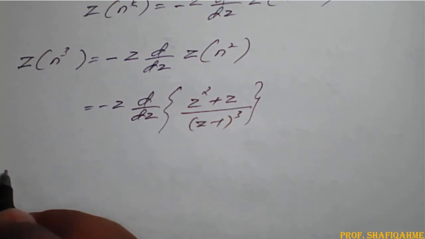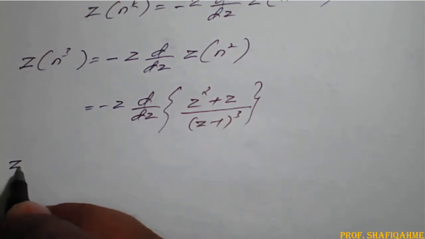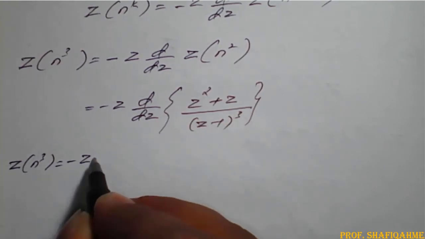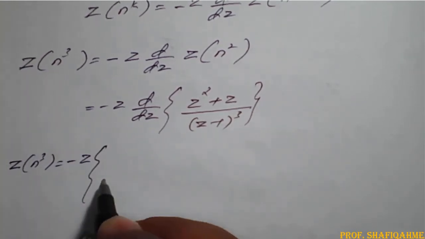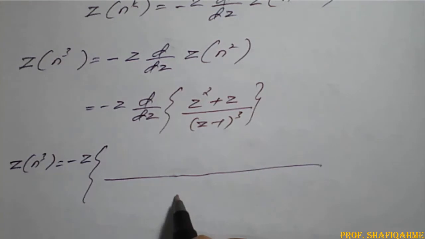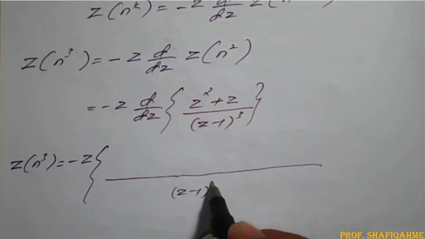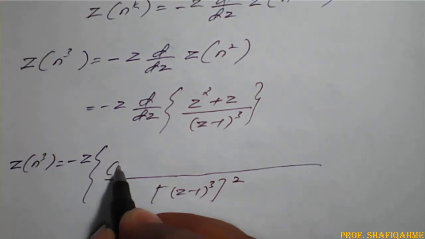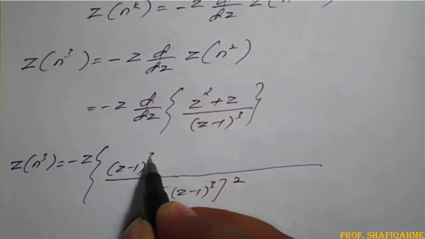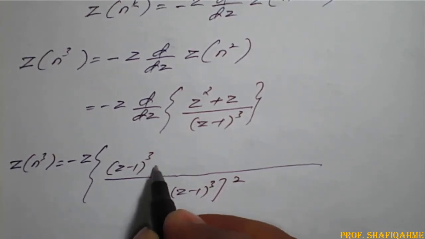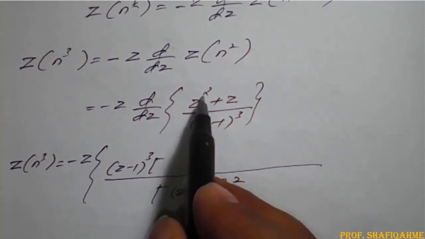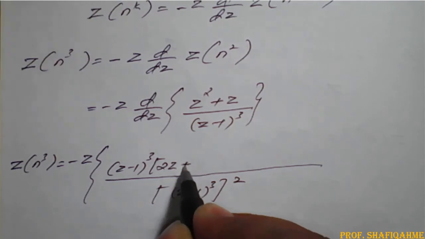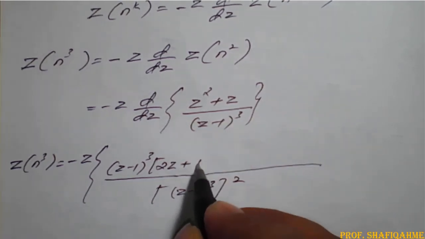Now we'll differentiate this fraction with respect to z. So what we'll get? We'll see, that is z transform of n cube is equal to minus z, denominator square, that is z minus 1 cube already we have to square it, keep the denominator as it is, that is z minus 1 whole cube. Differentiation of z square plus z is 2z plus 1.